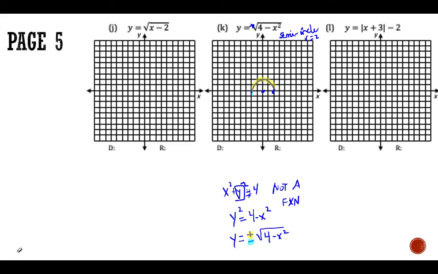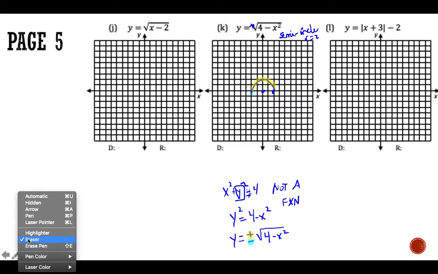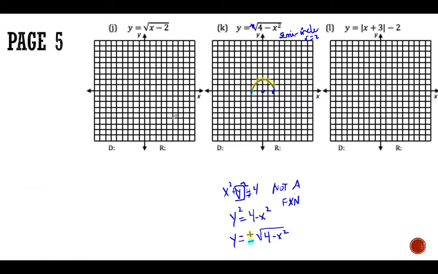Can you tell me what the domain is? Right? It comes from the radius. X is between negative 2 and 2, right? I go from negative 2 here to 2. And how about the range? What's the lowest y? Right? This is negative 2 comma 0, and this is 2 comma 0, and this is 0 comma 2.